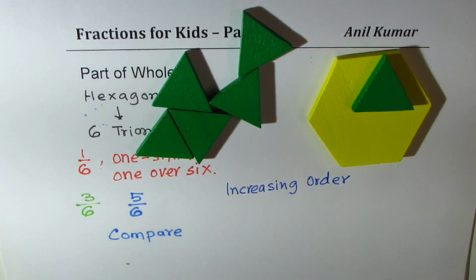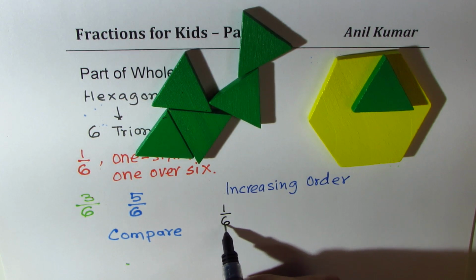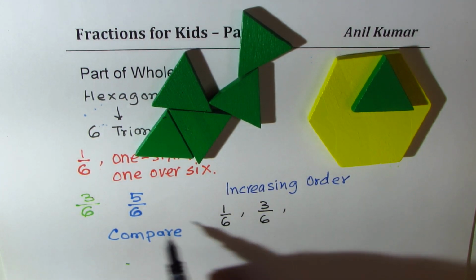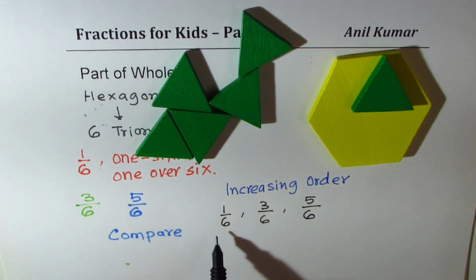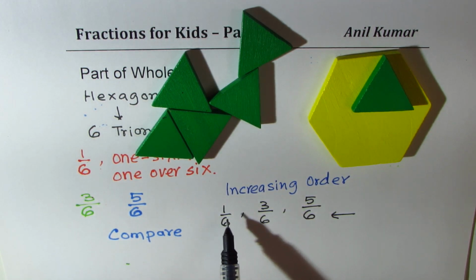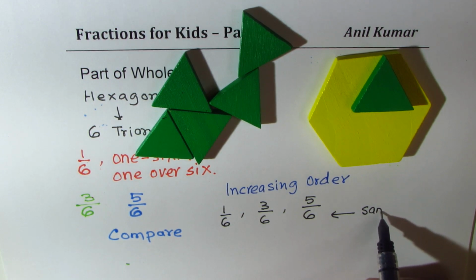I should write 1/6 first, correct? That is smallest, so 1/6. And then bigger than that is 3 out of 6. And even bigger is 5 out of 6. So if we have same denominator, then we can compare fractions with numerator. So same denominator. Do you see that?